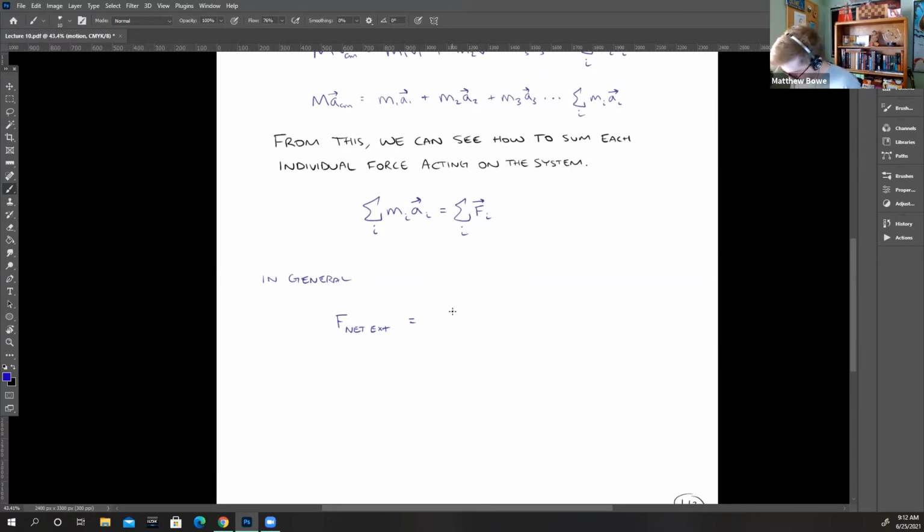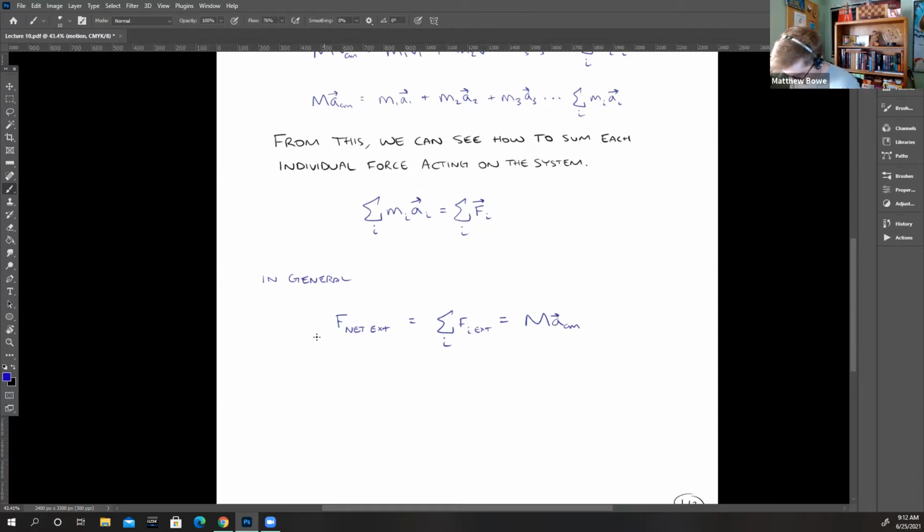It is equal to the summation of all of the small external forces, times the total mass, times the acceleration of the center of mass.